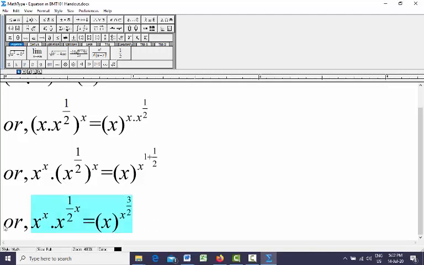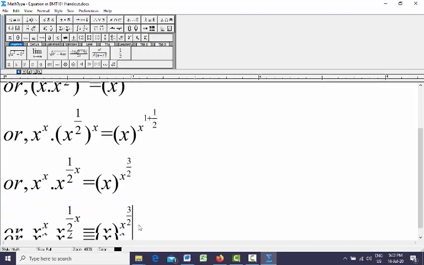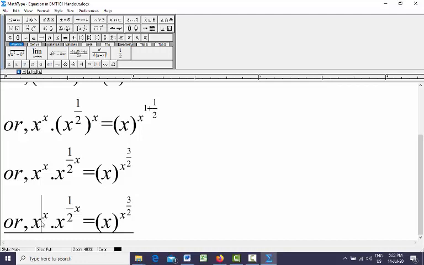Right, okay, now here the base is x, here also the base is x, and we are doing multiplication. When we do multiplication and the bases are the same, the powers can be added together.